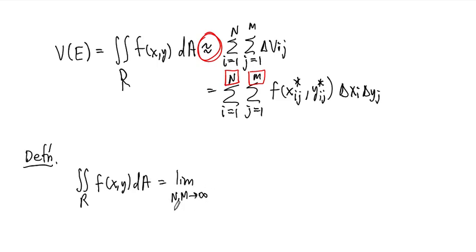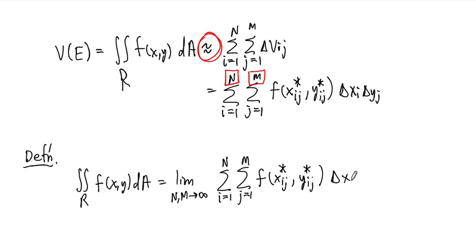This could be written as two separate limits if you wish, but as a single limit here, a limit of two variables, i equals 1 to n, j equals 1 to m of this thing right here. Okay, so this is the Riemann sum definition.